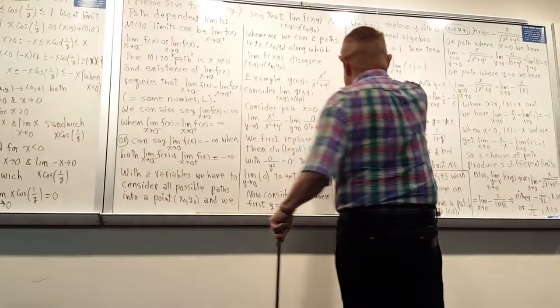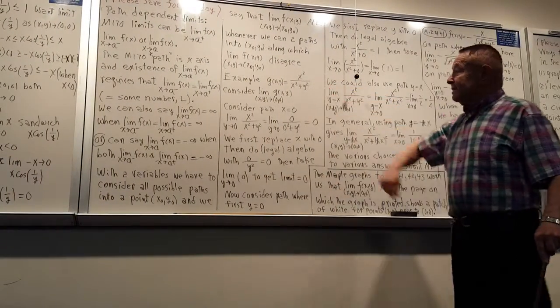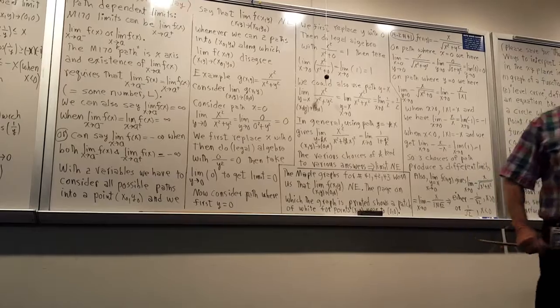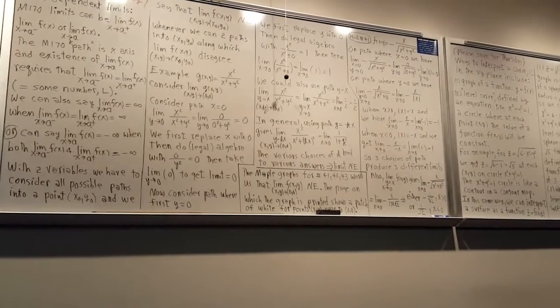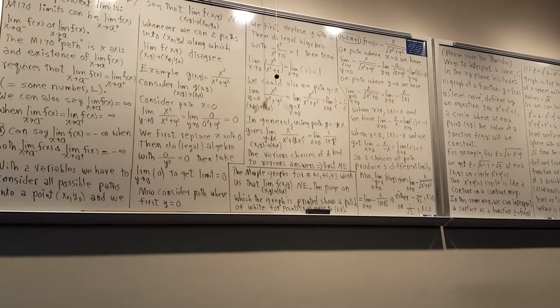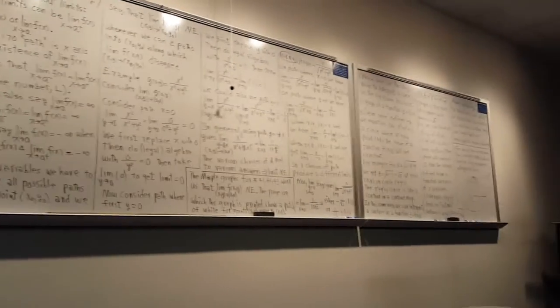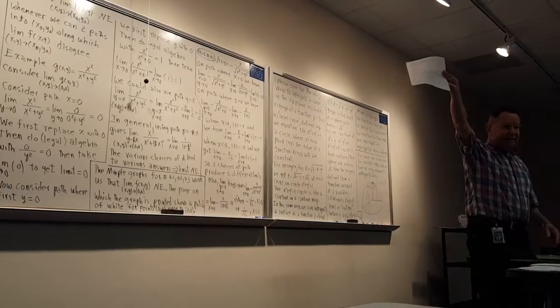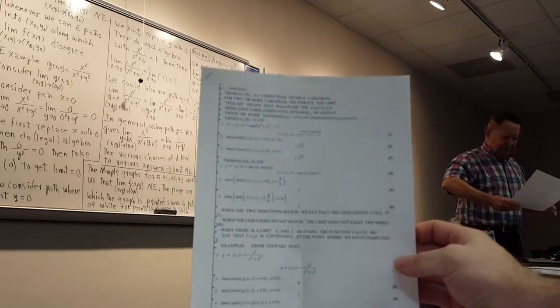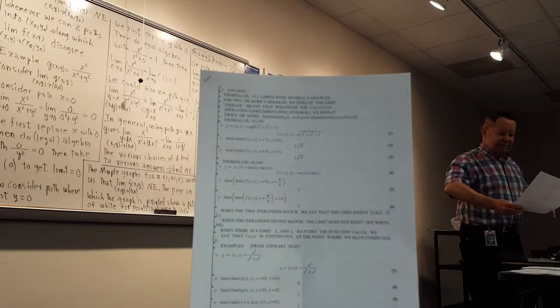So now look at an example. Some of these examples are in the 14.2 handout. So, in your 14.2 handout, on the first page, about 2/3 of the way down, it says examples.